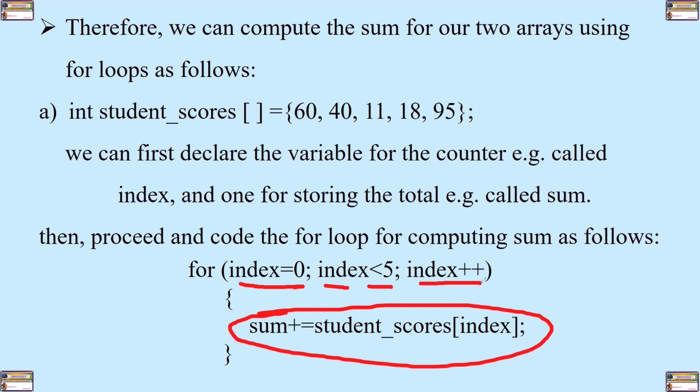So if what is in index is 0, increment it with 1, meaning it will be 1. Then check if what is currently in index is less than 5. If yes, perform this operation. Once you are done, increment the value of counter with 1. So if what was there is 1, 1 plus 1 becomes 2.